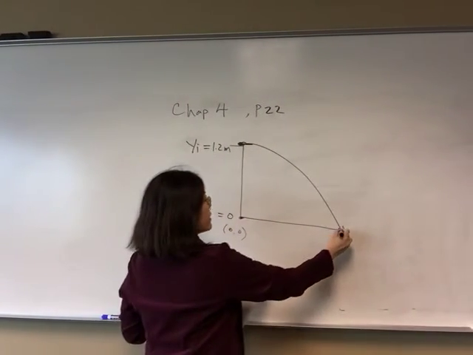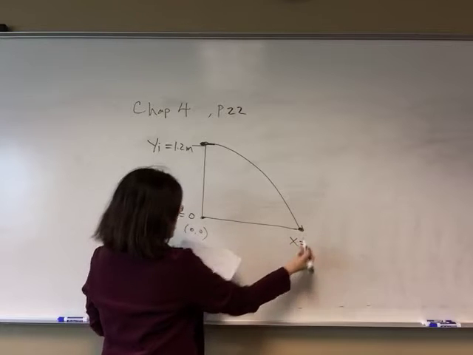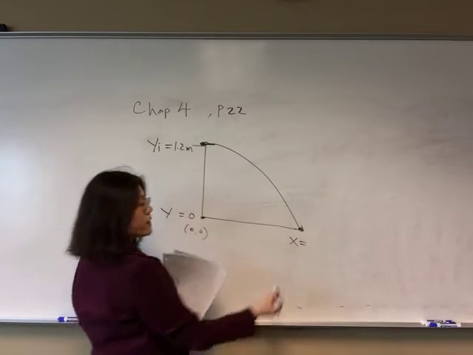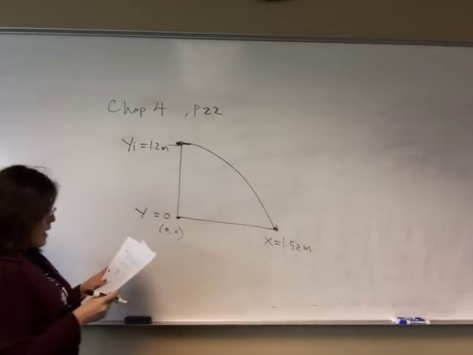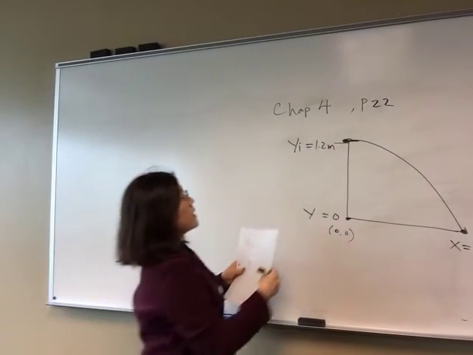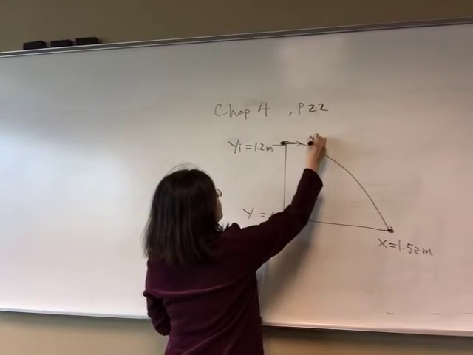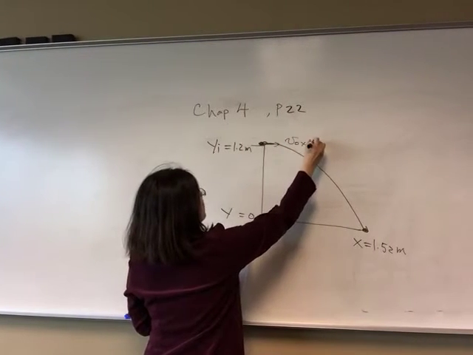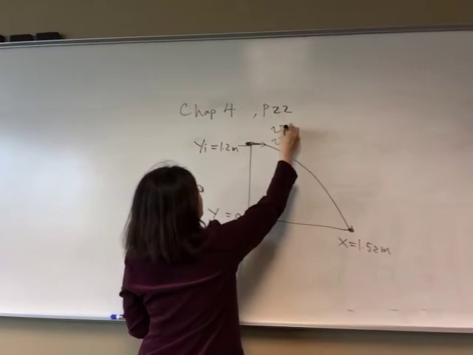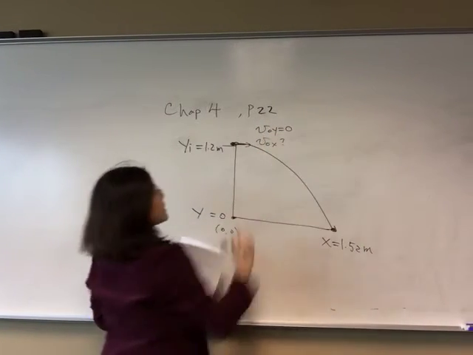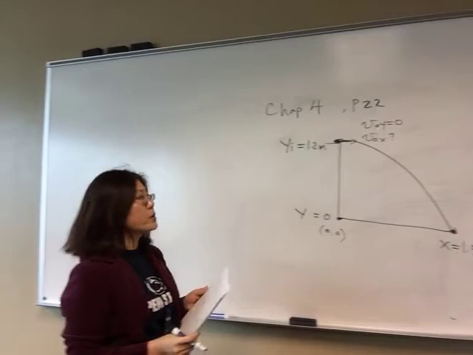And this is the final horizontal position of the ball, which is 1.52 meters. We have an initial velocity in the horizontal direction, which we do not know, and we know that the vertical velocity initially is 0 because it rolled off horizontally.